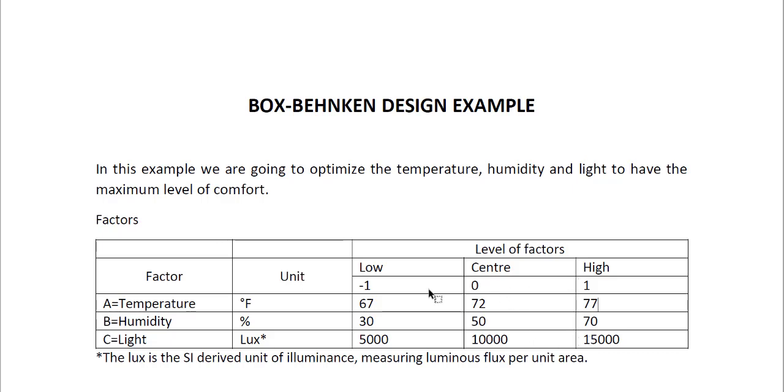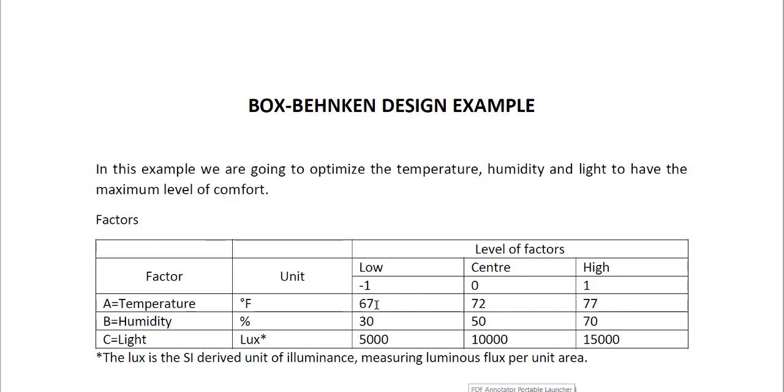Then the center of these will be the center point or the third level for each one of these factors. If you remember, in BBD design we need to have three levels for each factor: low, high, and medium or center of those factors.